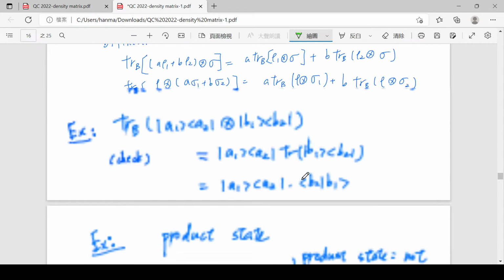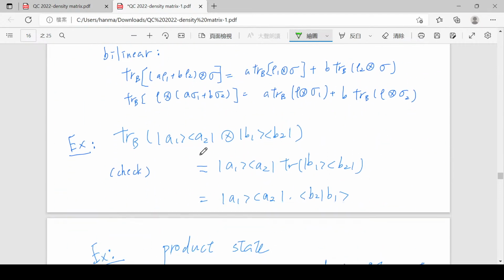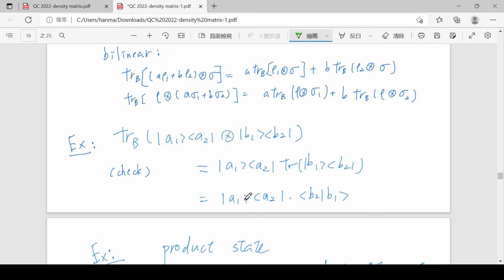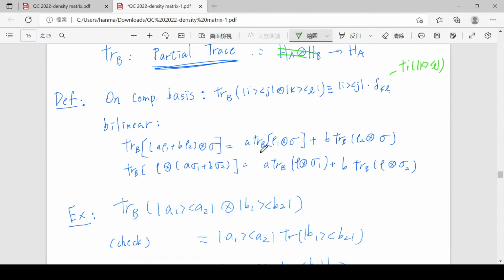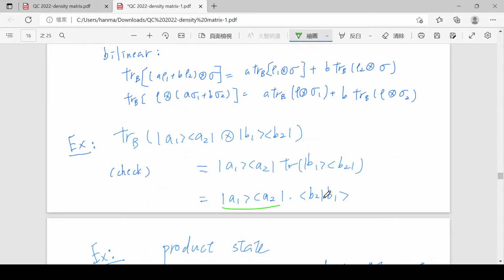And once again, the important thing to remember is that partial trace maps a bigger matrix to a smaller matrix. So here, remember this |A1><A2| is a matrix on system A, and the B2 inner product with B1 is just a number.